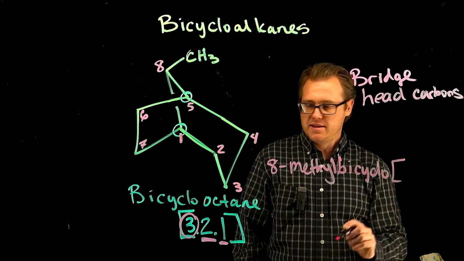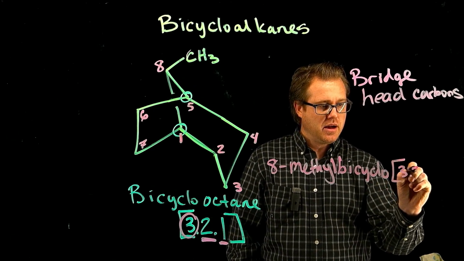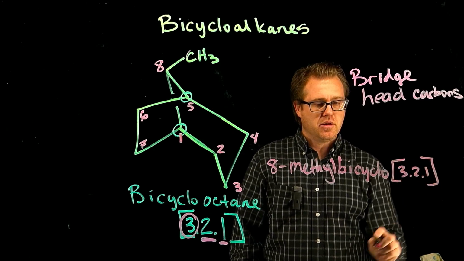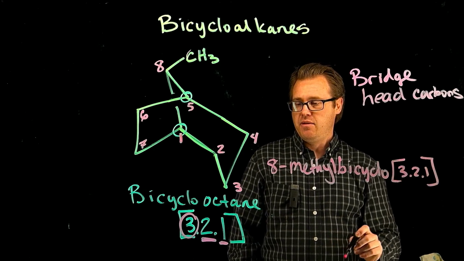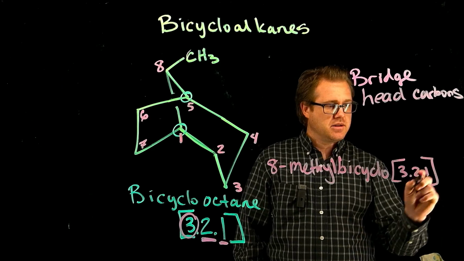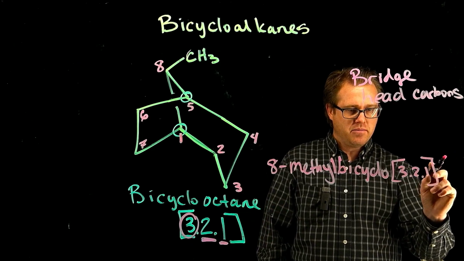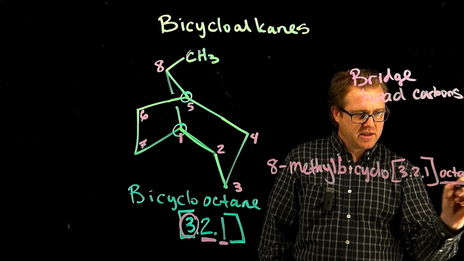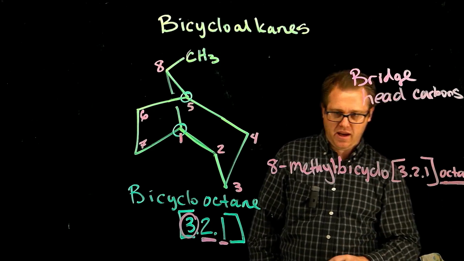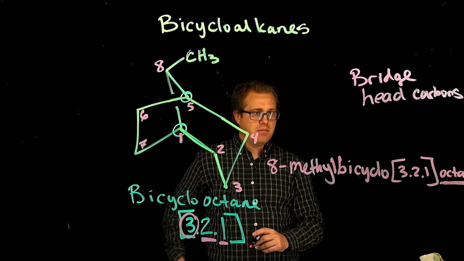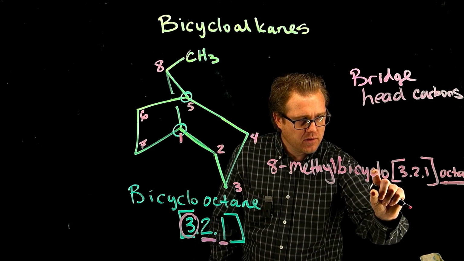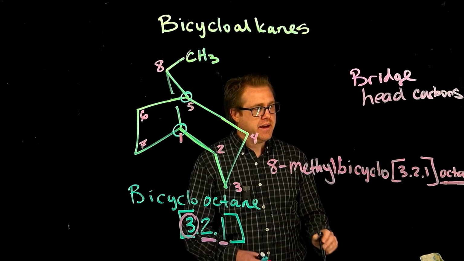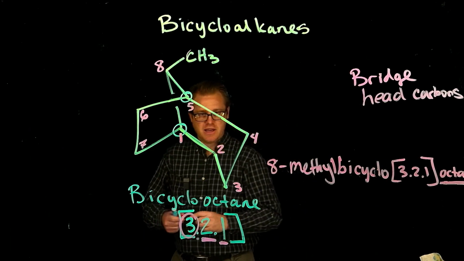Now we have to do the parentheses: 3.2.1, close parentheses, and then it would be what? 8 carbons, so octane. I'm going to run out of board space, but that's going to say octane. So 8-methyl bicyclo 3.2.1 octane.